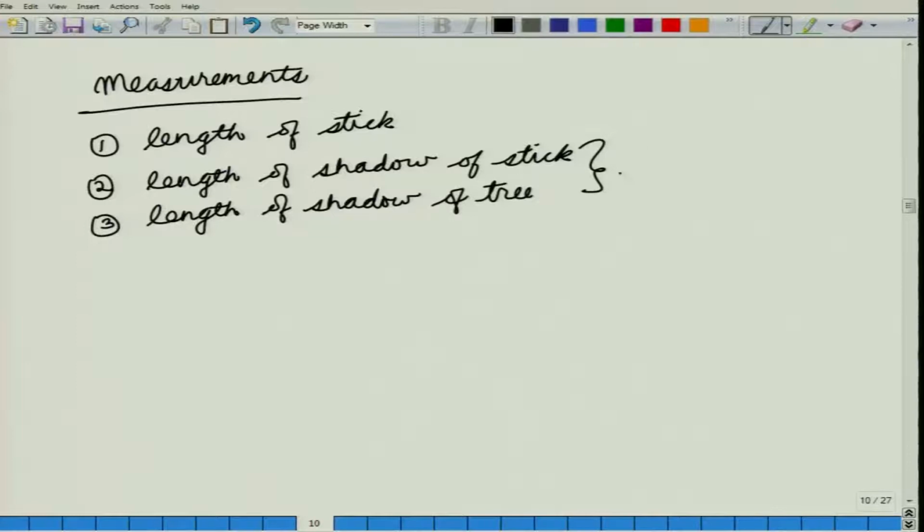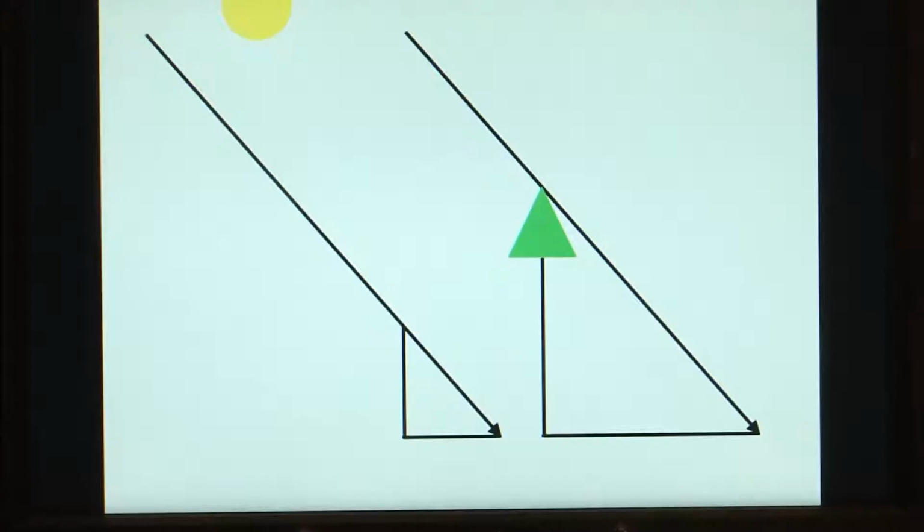Both these measurements have to be taken at the same time and at nearby locations. So, by using this we can figure out the height of the tree.